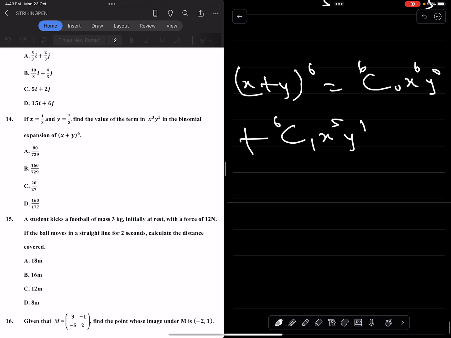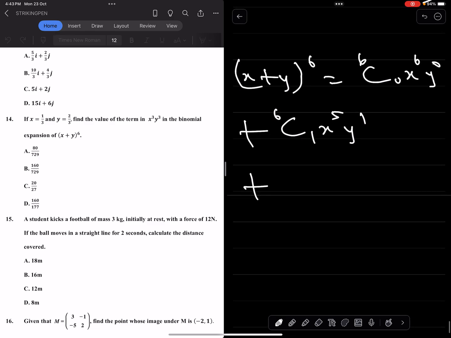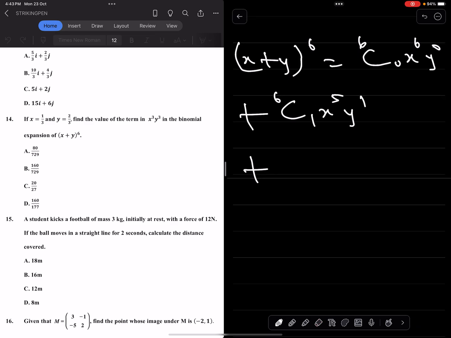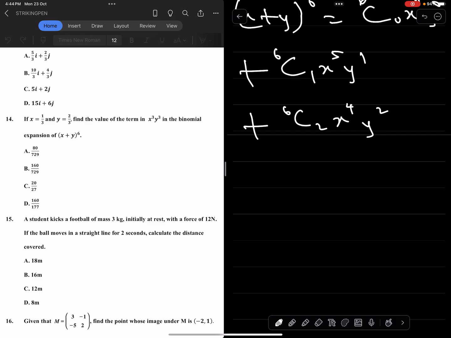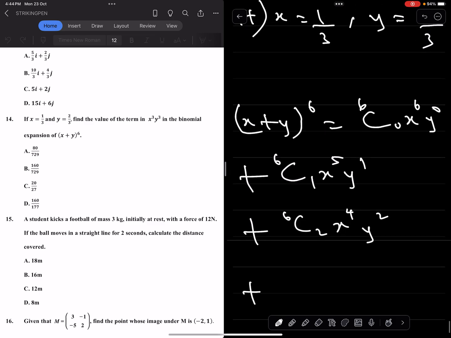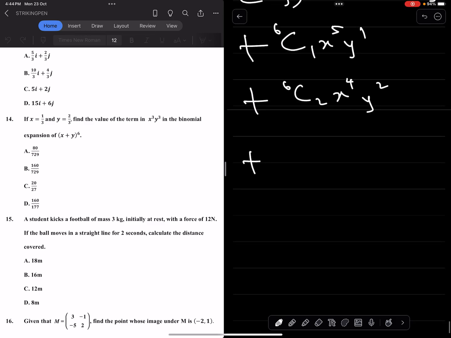We'll see that the power of x will keep decreasing across the expansion, while that of y will be increasing across the expansion. Now the third term will be 6c2 x raised to power 4 y raised to power 2. And the fourth term, we already have 1, 2, 3. The fourth term is 6c3 x raised to power 3 y raised to power 3.